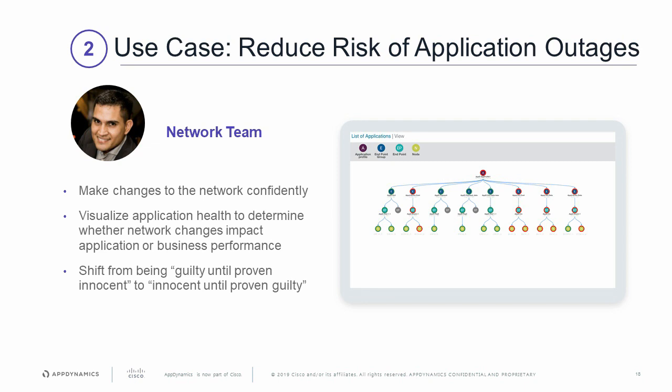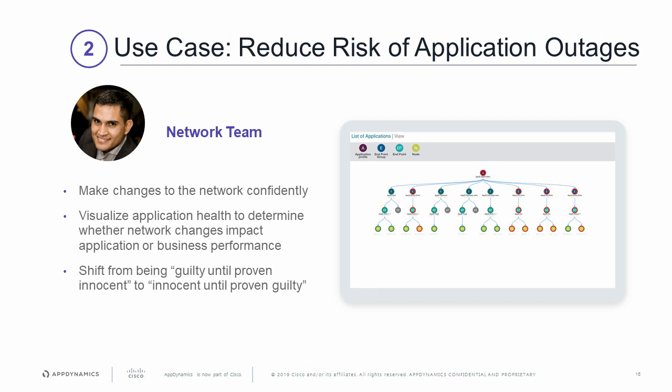So with this integration, we are bringing the smarts that AppDynamics has in terms of application, in terms of tiering, in terms of metrics that they bring in, and tying it to the ACI side of things, tying it to the network and how it would reflect on the network. So what does this enable you to do? This enables you to confidently make changes in network configuration and see what application components are being affected.